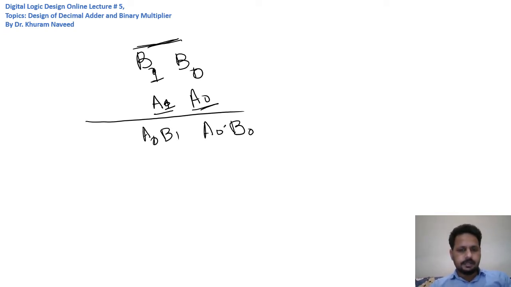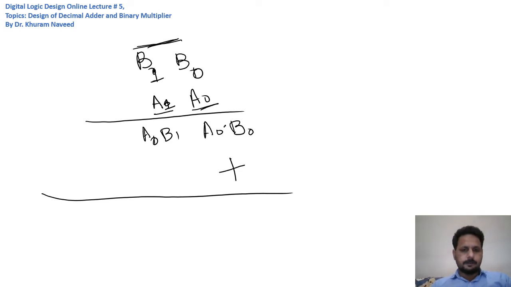Then in multiplication by definition we leave this spot empty, and then we multiply a1 with b0. So here we have this AND gate a1 into b0, and then we multiply a1 with b1, and here we have this AND gate a1 into b1, right?